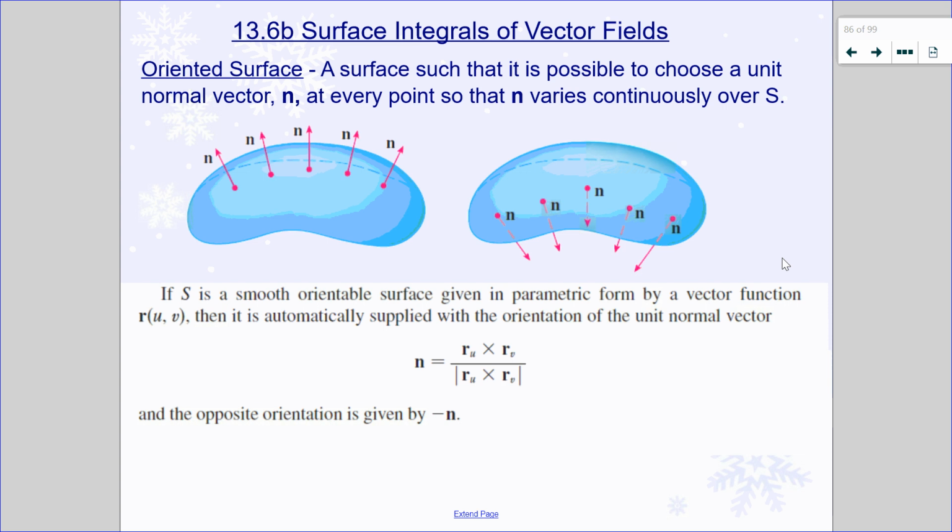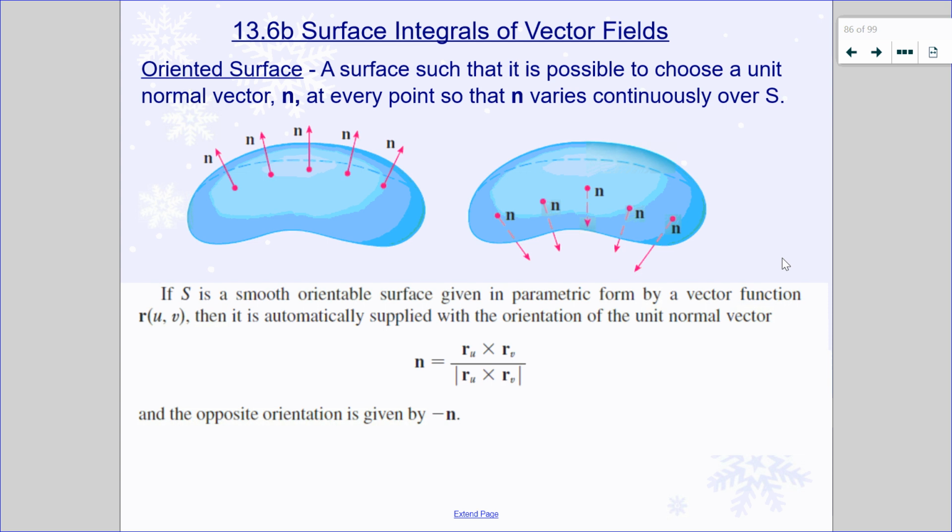And that normal vector can either orient outwards, the way it is in the picture on the left, or it can orient inwards. If it is oriented outwards, this is considered positive orientation, and on the right, when it goes inwards, it's considered negative orientation.